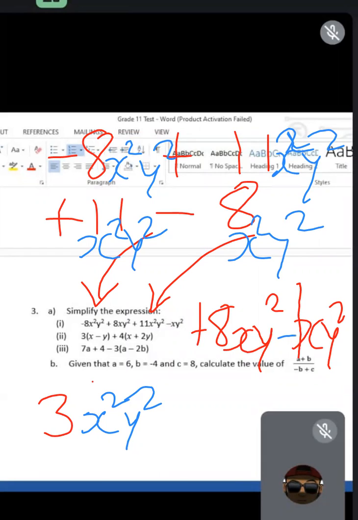So 8 minus 1 is going to be a positive 7. So this will result in a 7xy². So that's going to be our answer for that part right there.